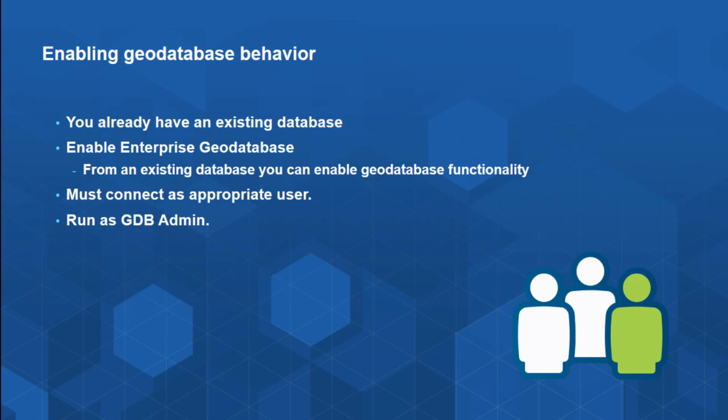You have users in that database. Permissions have been applied on the various tables, but you want to take advantage of some geodatabase functionality. Maybe you want to take advantage of domains or subtypes or any of our various dataset types. In order to do that, you can enable geodatabase behavior in an existing database. The way you do that is through the Enable Enterprise Geodatabase GP tool.